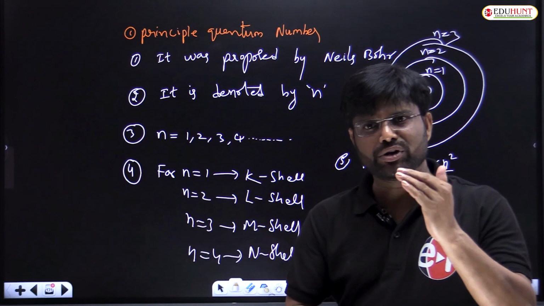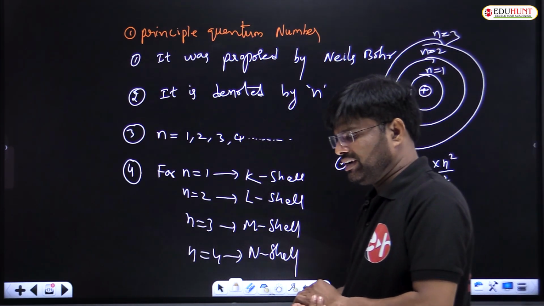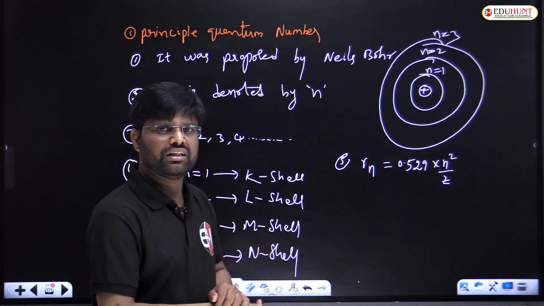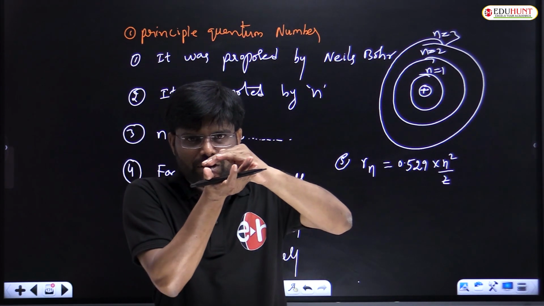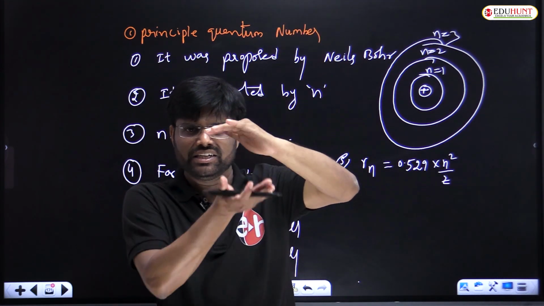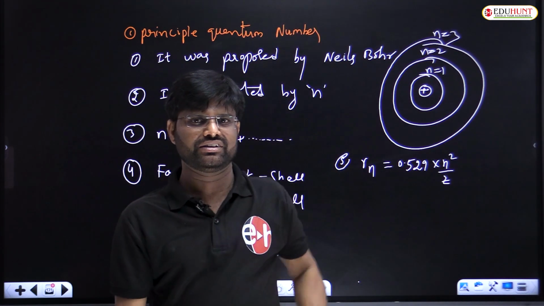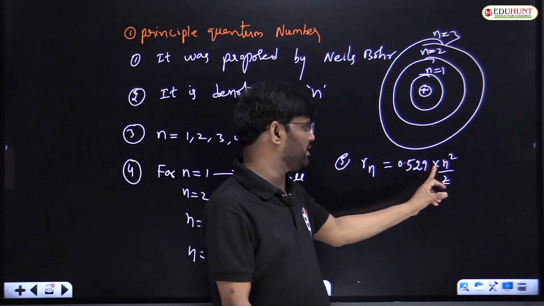So it tells about the size of the orbit. This principal quantum number signifies the size or radius of the orbit. First orbit radius, second, third, fourth: the size of the orbit keeps increasing.